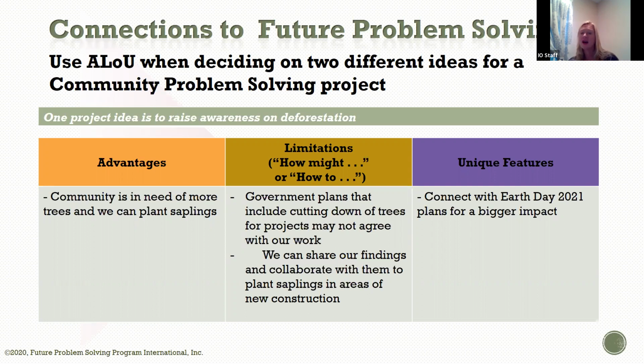What's a unique feature? We could connect with Earth Day coming up, our next Earth Day in 2021, to really take our project on social media and share that for a bigger impact. So we've taken a look at a project. Of course, if we had more time, we would go more in depth.